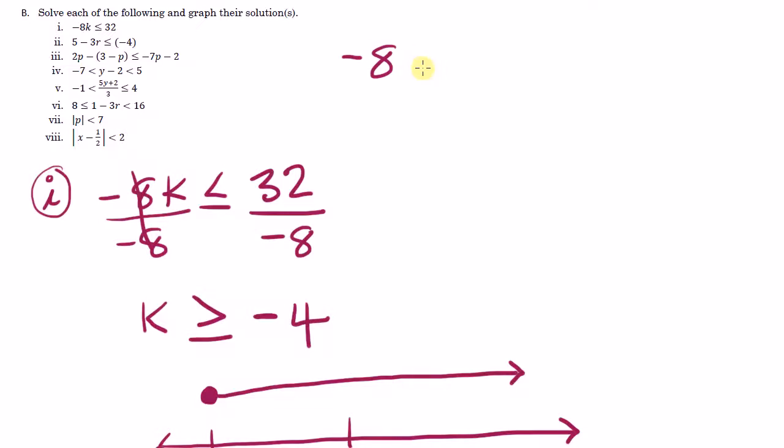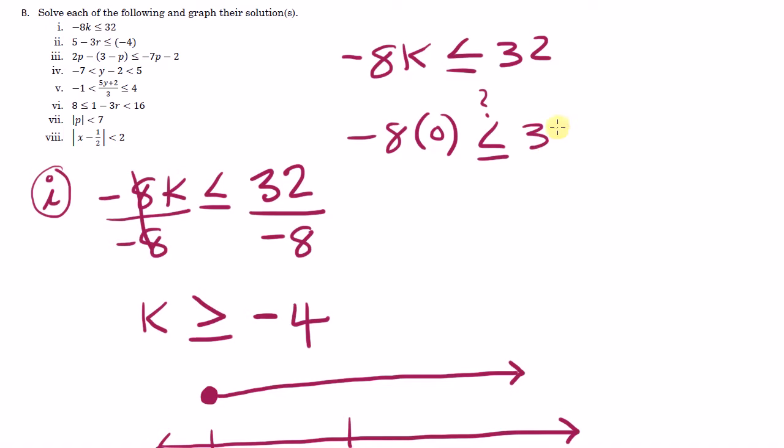The original equation was negative 8k is less than or equal to 32. So negative 8 times 0, is that less than or equal to 32? And of course it is, because 0 is less than 32. So it checks out. So I'm going to go ahead and say that this is my solution.